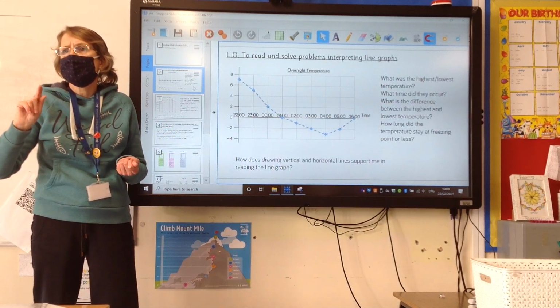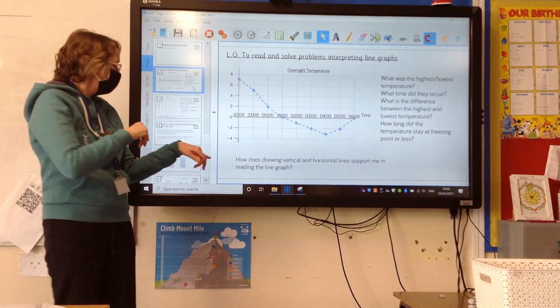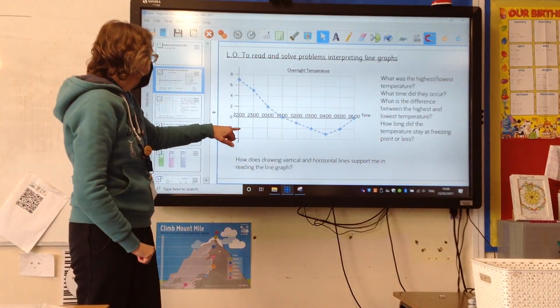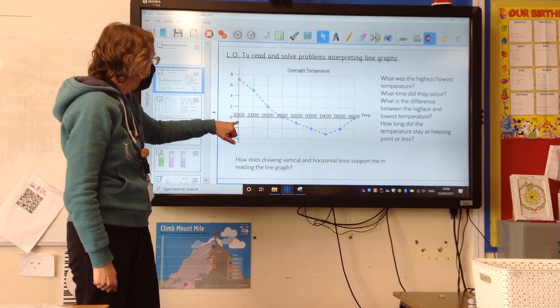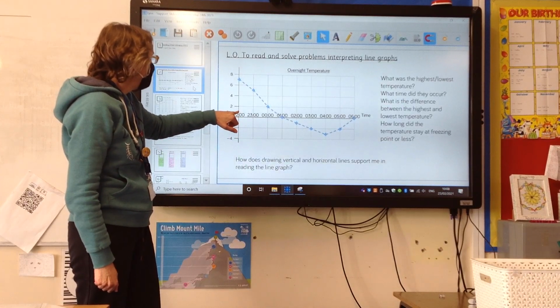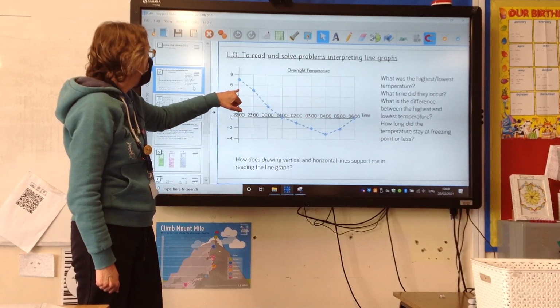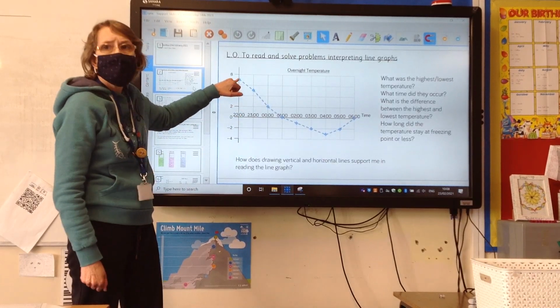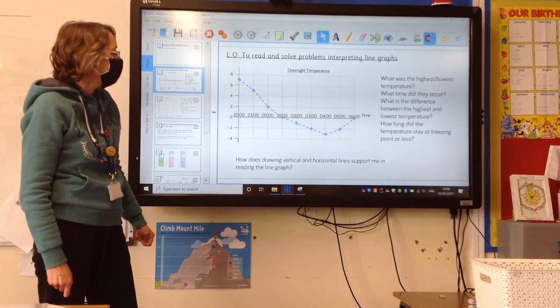Another go. 10. Yeah, count with me. From -3. -2. -1. 0. 1. 2. 3. 4. 5. 6. 7. We've gone up 10 degrees. So the difference will be 10 degrees.